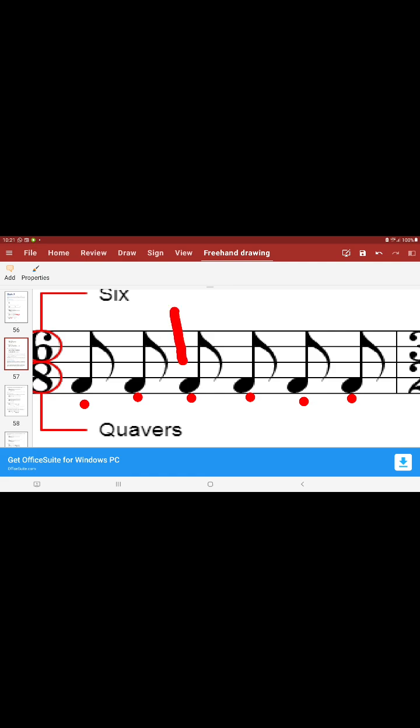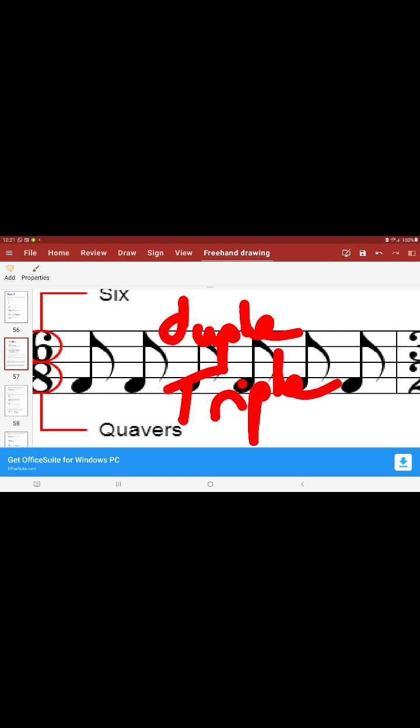Let me write that. Double just tells you 2. Look at double. Look at triple. Look at quadruple.